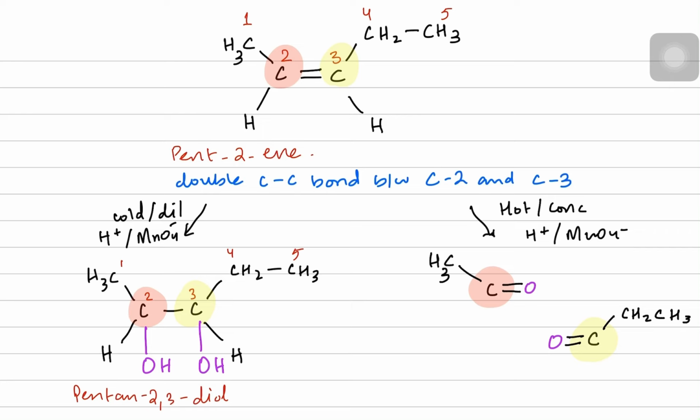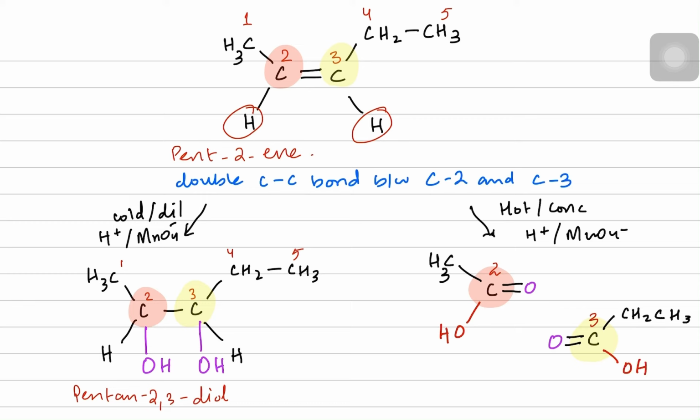What about the hydrogens? Because carbon 2 had a hydrogen, remember? Carbon 2 had a hydrogen coming out from the bottom, same as carbon 3. Single hydrogens like these, the one on carbon 2 and the one on carbon 3, convert themselves into OH.